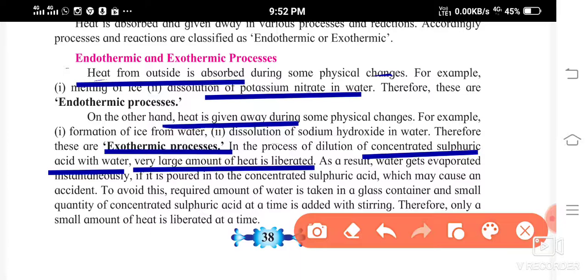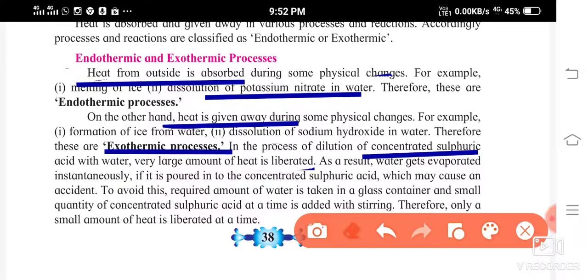As a result, the water gets evaporated instantaneously, because the temperature has risen and lots of heat is liberated.